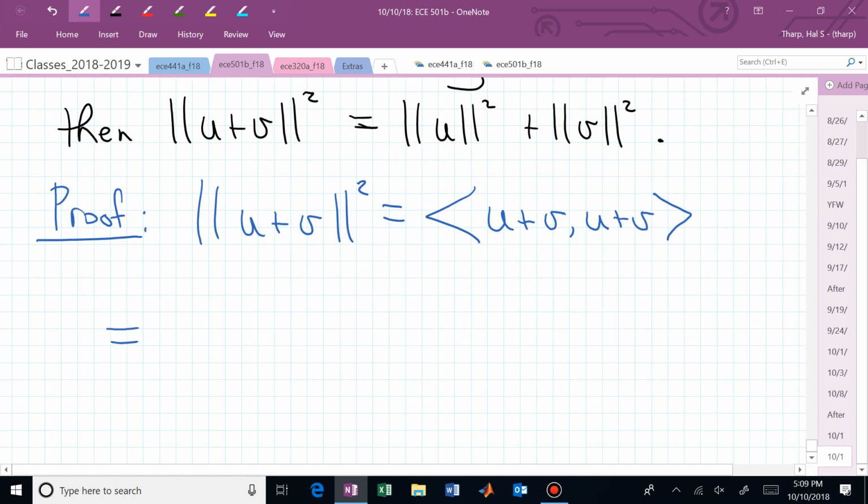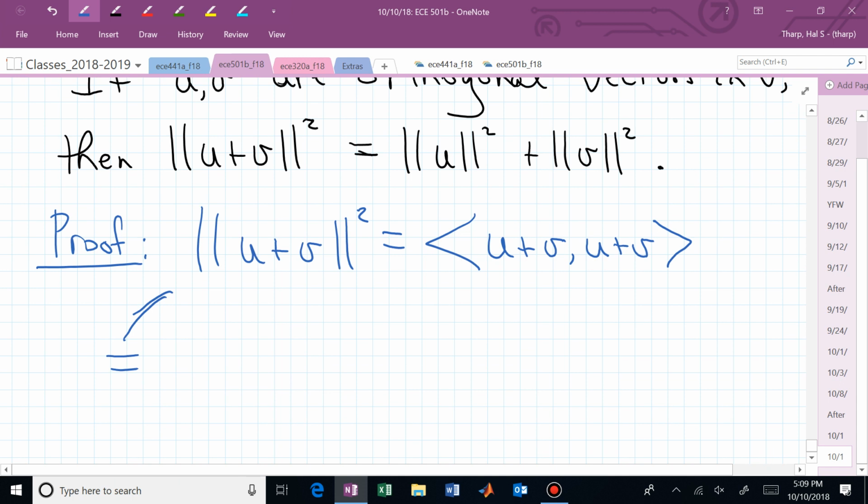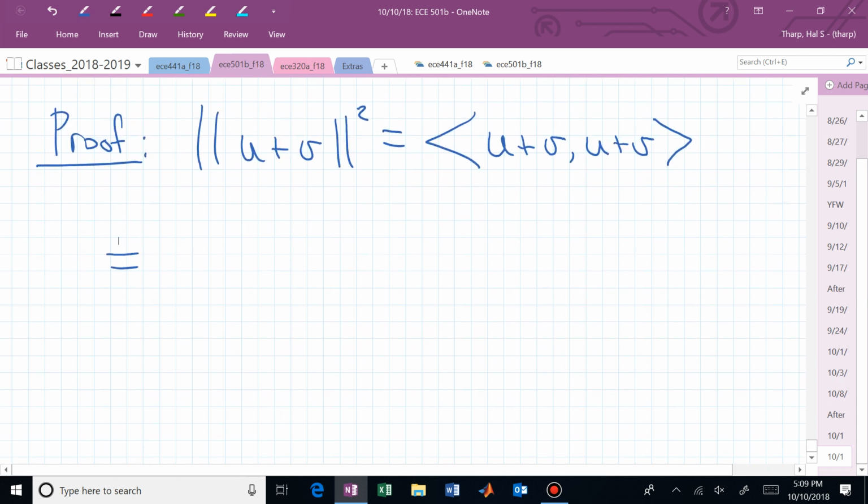And what can I do now? I can use the additivity of the first slot to simplify this a little bit.